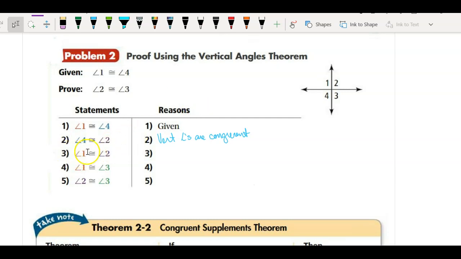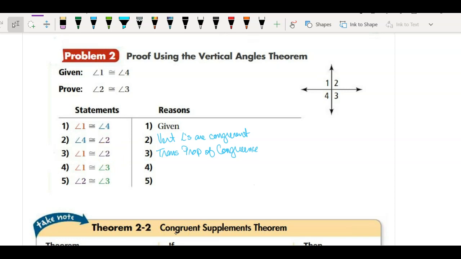Now for step 3, they have angle 1 is congruent to angle 2. For this one, they're using the transitive property of congruence. They went from 1 to 4, from 4 to 2, so I can go from 1 to 2.